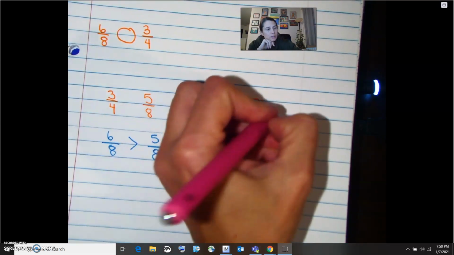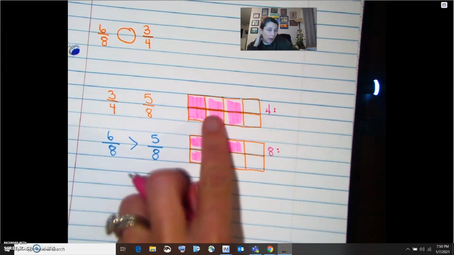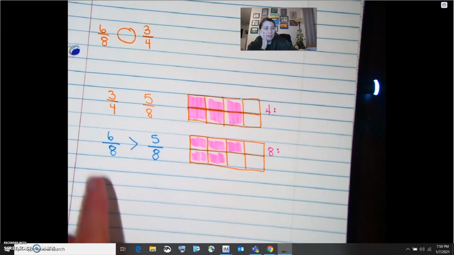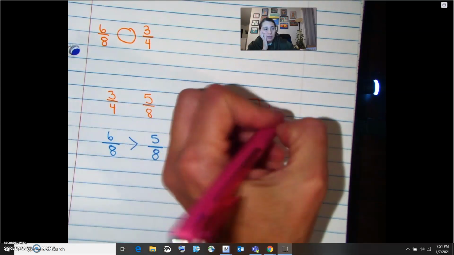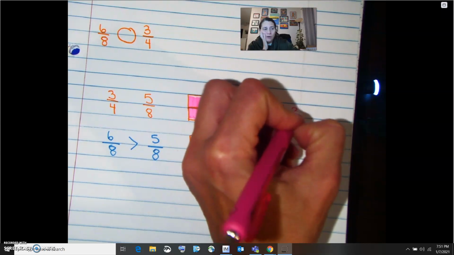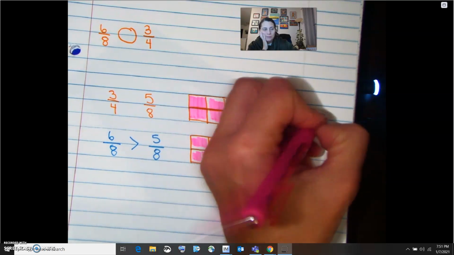Now let's see what happens when we find our multiples. We're going to do multiples right here. I'm trying to show you how the pictures relate to what we're really doing with the numbers. Okay, so we're trying to figure out how we get from 4 to 8. So we do our multiples, and you're really good at this. 4, 8, that's just 12.